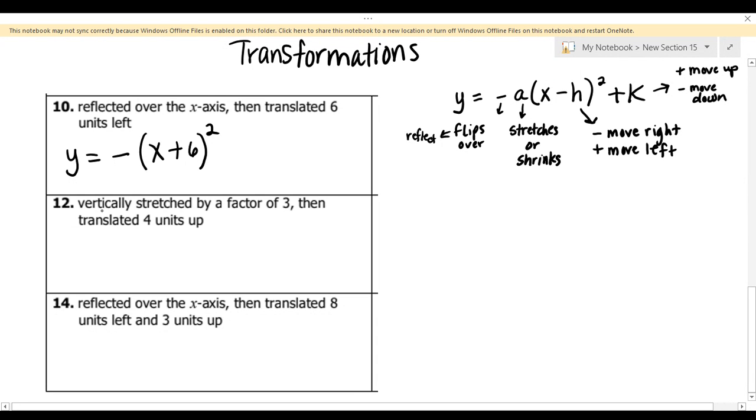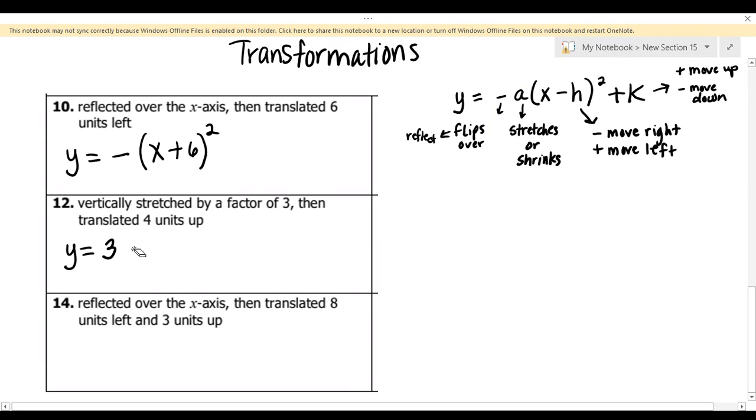Number 11 says it vertically is stretched by a factor of 3. Okay, so it doesn't flip over. We don't need a subtract or a negative, sorry. If it vertically stretches, that means we're going to put a 3 there. Then it's translated 4 units up.